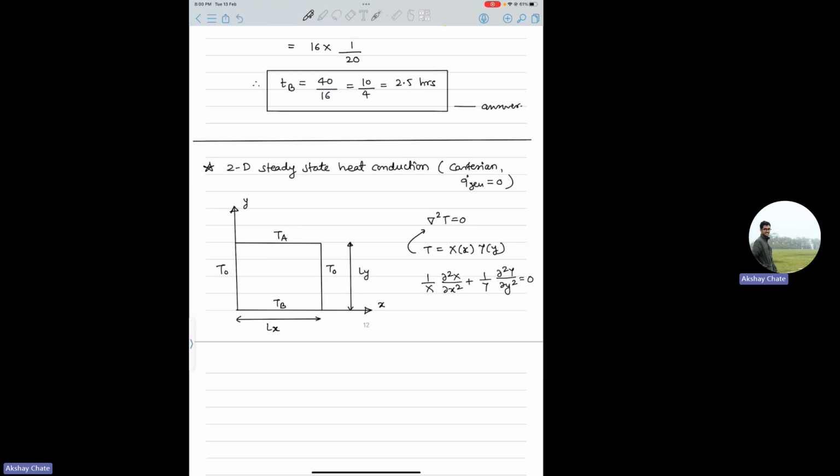In class it was different variables, different functions. I'm taking capital X and capital Y, but it usually follows the same separation of variables method, whatever function you choose.